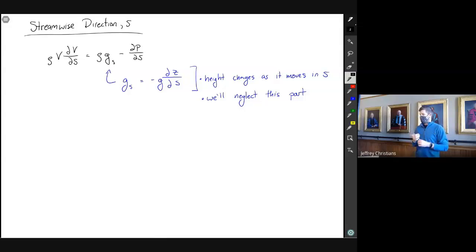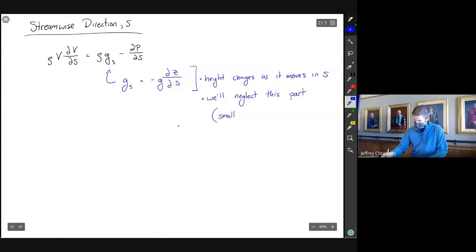So often both of those terms are small enough that that's not the major component of what's happening. So this would be a small delta z, small density, then that works, okay.